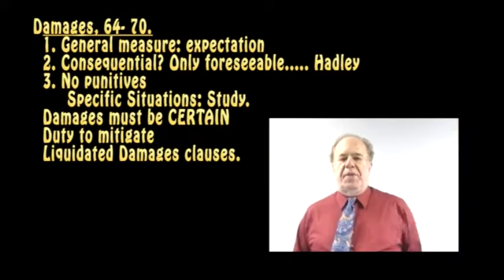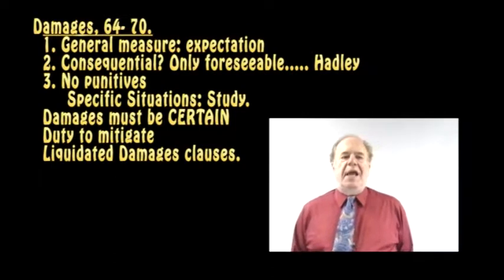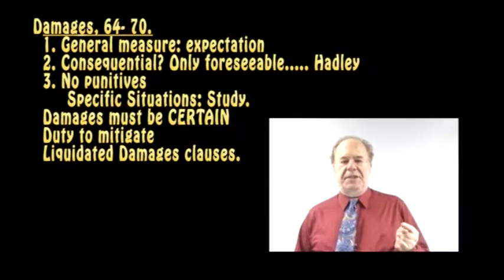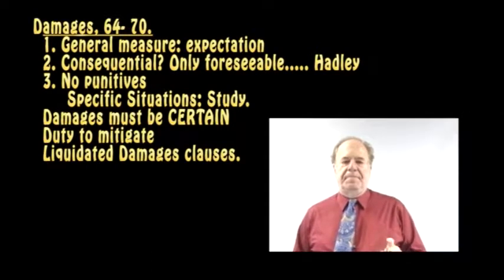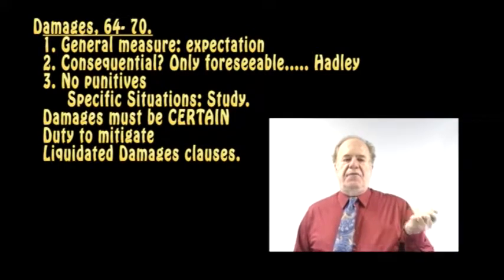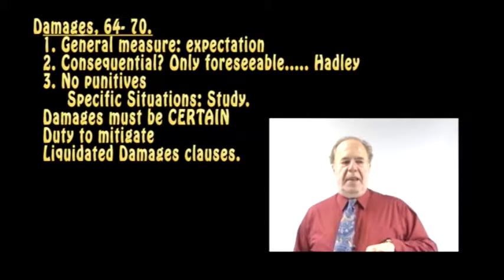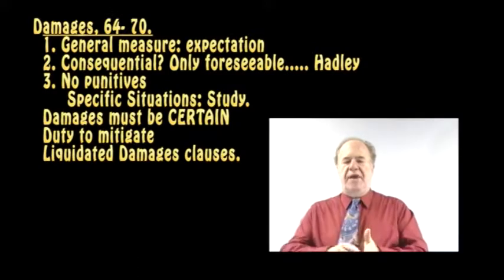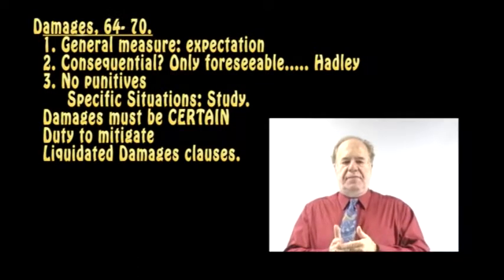The extra that they were going to get out of the contract, for example, lost profits that they might have gotten had the contract been properly performed. Example, one of the most famous cases in all of the law of contracts, Hadley against Baxendale. You don't need the case name, but the concept is always on the test, where a delivery company took a shaft from a mill to be repaired and failed to return it on time, so that the mill was shut down for some number of days because they're waiting for their shaft.